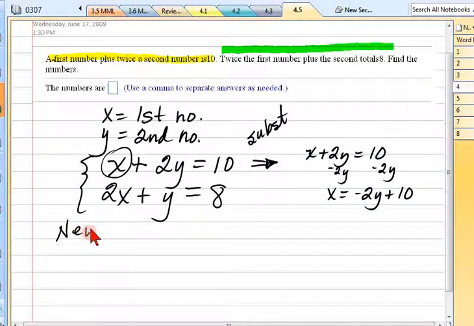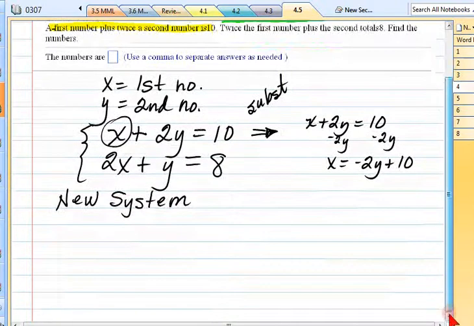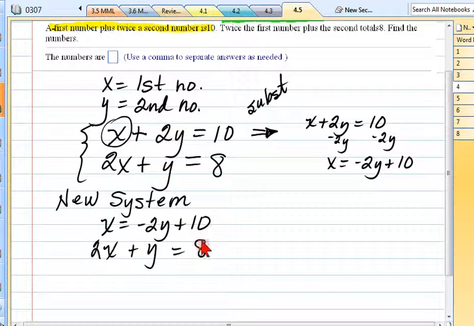I'm going to write down the new system, which is a little time consuming. The new system is x equals negative 2y plus 10, and 2x plus y is 8.